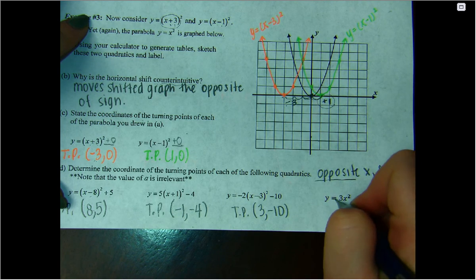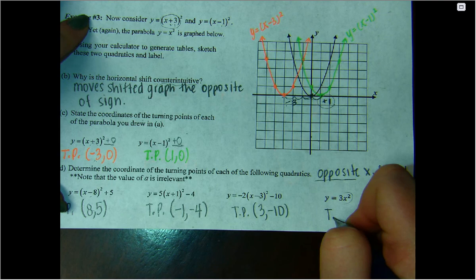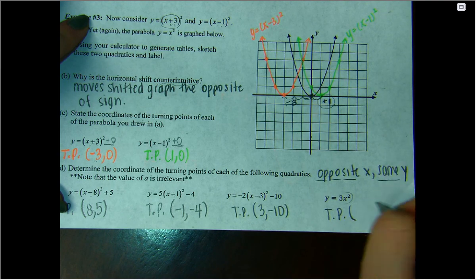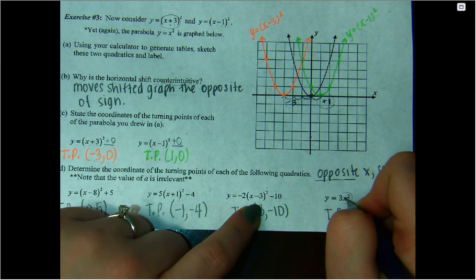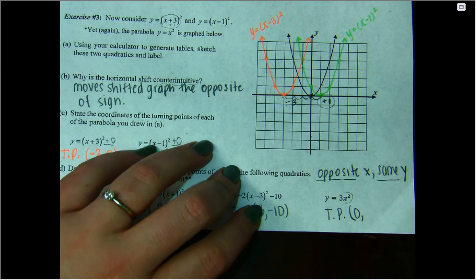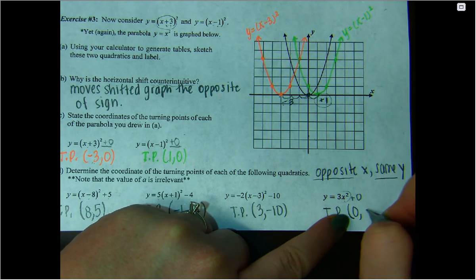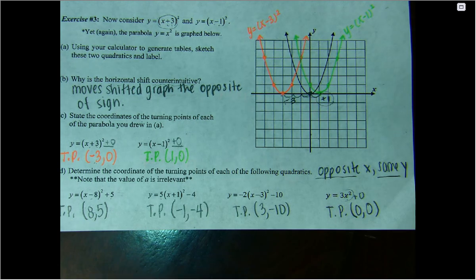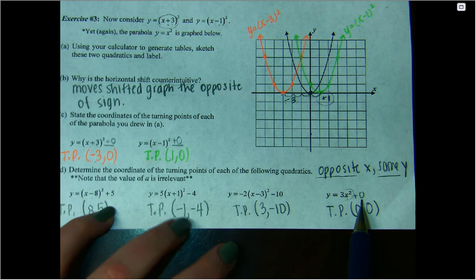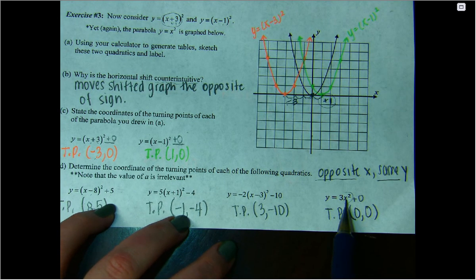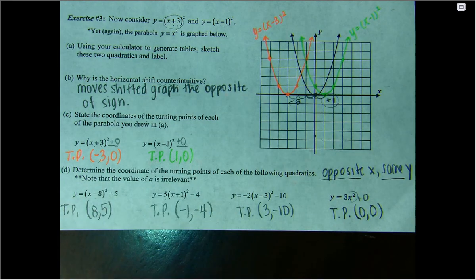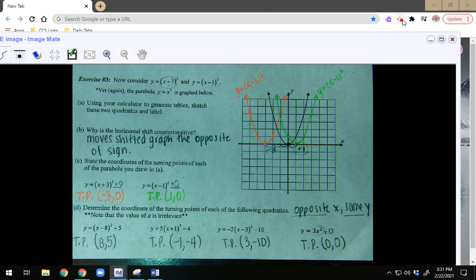Opposite x, well, I don't see anything in the x. If nothing is being added or subtracted to it, it's a big fat nothing. So (0, 0). Opposite x, same y. There is nothing being added to x. That means it's 0. And the y is also 0 because I'm not adding anything to a vertical shift. Okie dokie, goodbye.